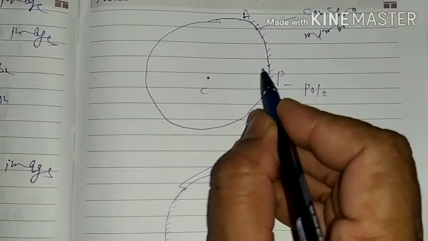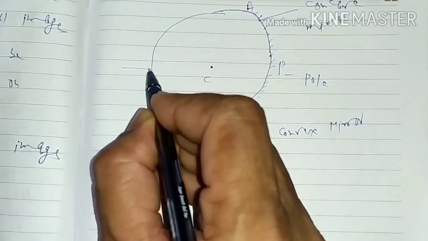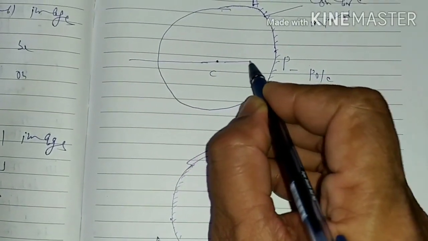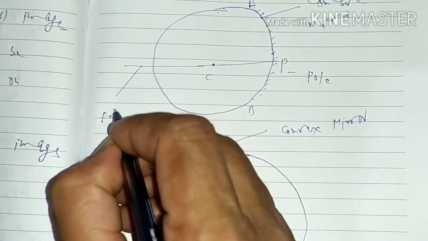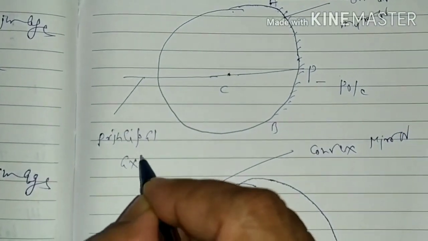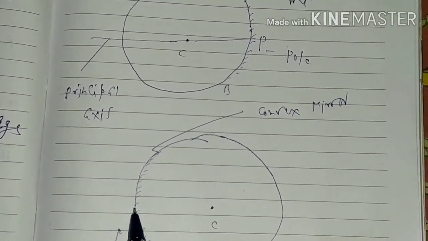And the line joining the center of curvature and pole of any mirror is called principal axis.